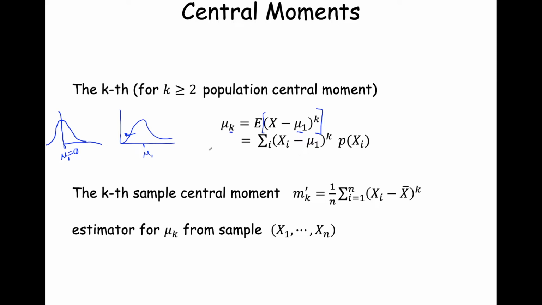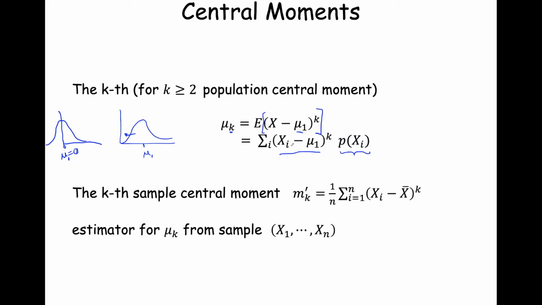If we expand this out by our definition of expectation for population parameters, the population is governed by some probability, and so we have the sum of this difference, xi minus mu1, raised to the k power, and we take the weighted sum times the probability of that particular measurement xi.